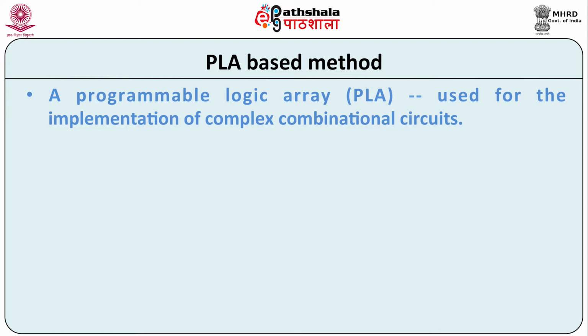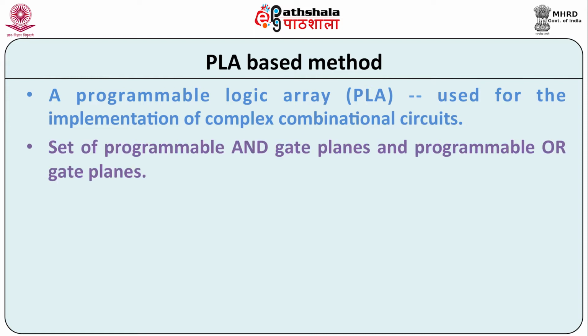A programmable logic array, PLA, is a kind of programmable logic device used for implementation of complex combinational circuits. A PLA has a set of programmable AND gate planes which links to a set of programmable OR gate planes. As compared to a PAL, a PLA has both AND and OR planes programmable.